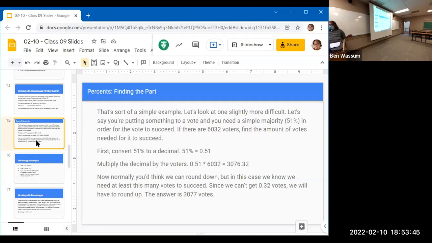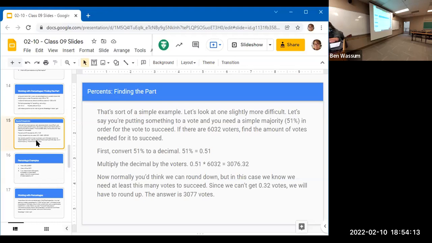I kept a couple of digits in there when I did the multiplication, but it ends up being around 3,076.32. Now, normally you would be done and you'd be like, yay, there's my number. But that's the point where we need to be higher than that number in order to succeed, right? Like that's the exact amount of 51%.